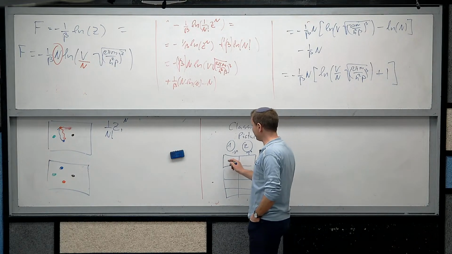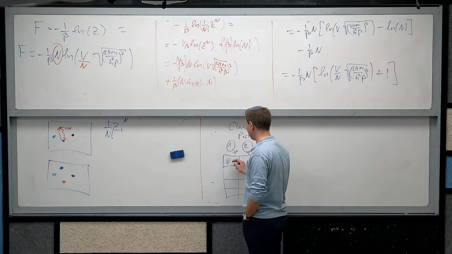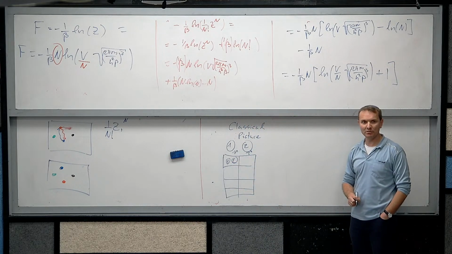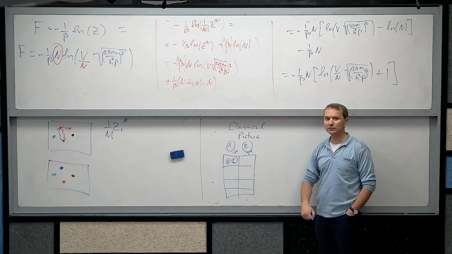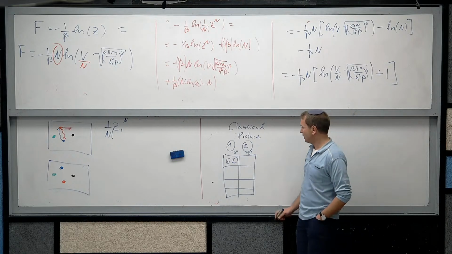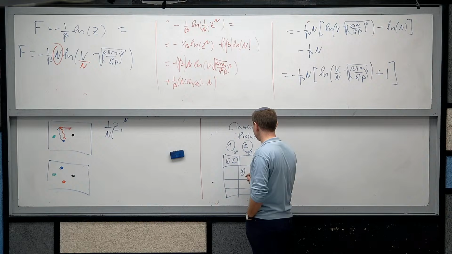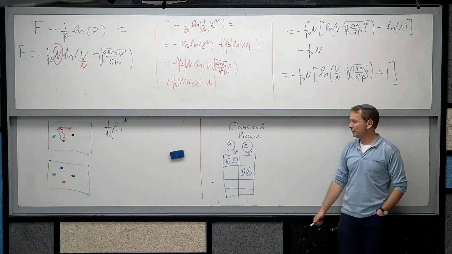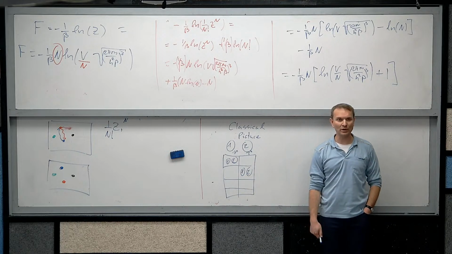So I can have, in classical physics, that both particles number 1 and number 2 are sitting in state number 1, and no particles are sitting in state number 2. I can also have that both of the particles are sitting in state number 2, and nobody is sitting in state number 1.